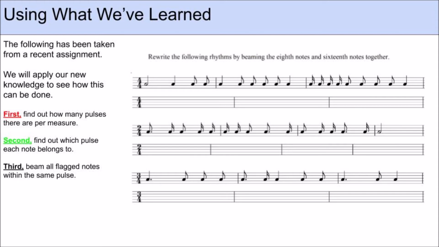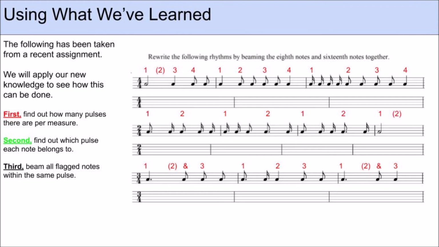And so first we are going to go through and number each pulse so that we can better identify it for beaming later on. You can see that some of the pulses I've put in parentheses. For example, the very first note of the 4/4 section is a half note. A half note contains 2 quarter notes, so it carries over through the duration of beat 2.